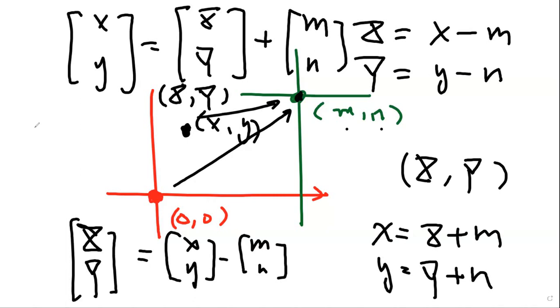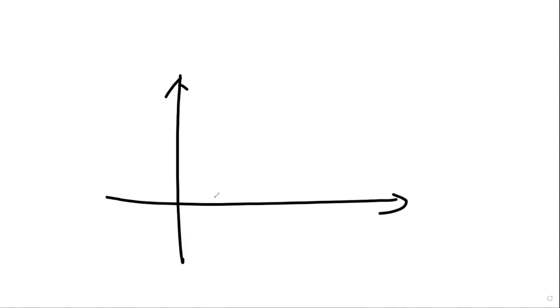Now let's think about another scenario. We do have a frame, but this time the frame does not change. Let's assume we originally have a car right here, located at small x, small y.